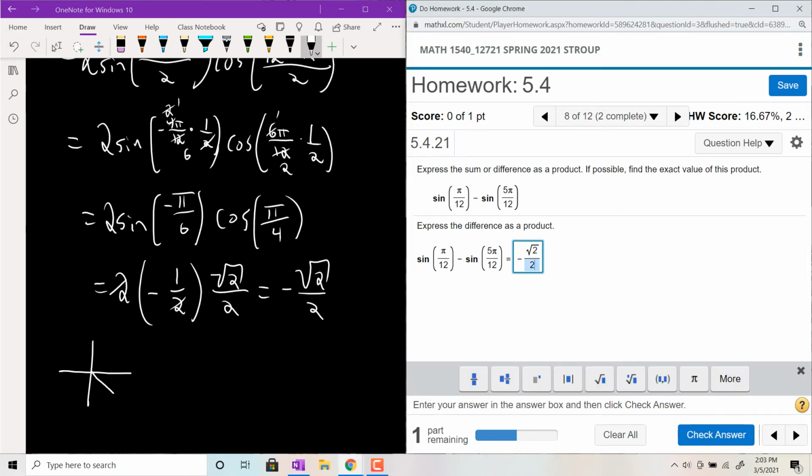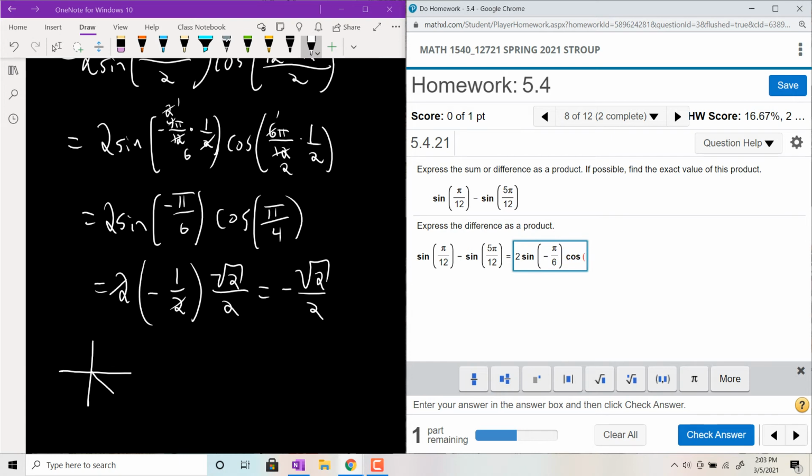Oh, they don't even want you to go that far, maybe? They just want you to... That doesn't make any sense. Oh, because there's 2 parts. Okay, so it's going to be 2 sine of negative pi over 6. Yeah. It can be annoying sometimes.